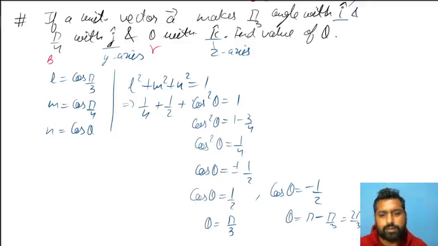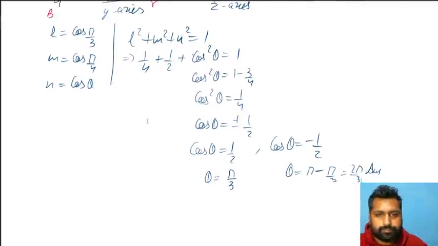Take the cos on the other side. So theta is cos inverse 1 by 2 and theta is cos inverse minus 1 by 2, and you should know how to solve that. At this level you should know. We have already done inverse trigo, so in case you are unable to get 2 pi by 3 as the answer, go refer to your chapter on inverse trigo.